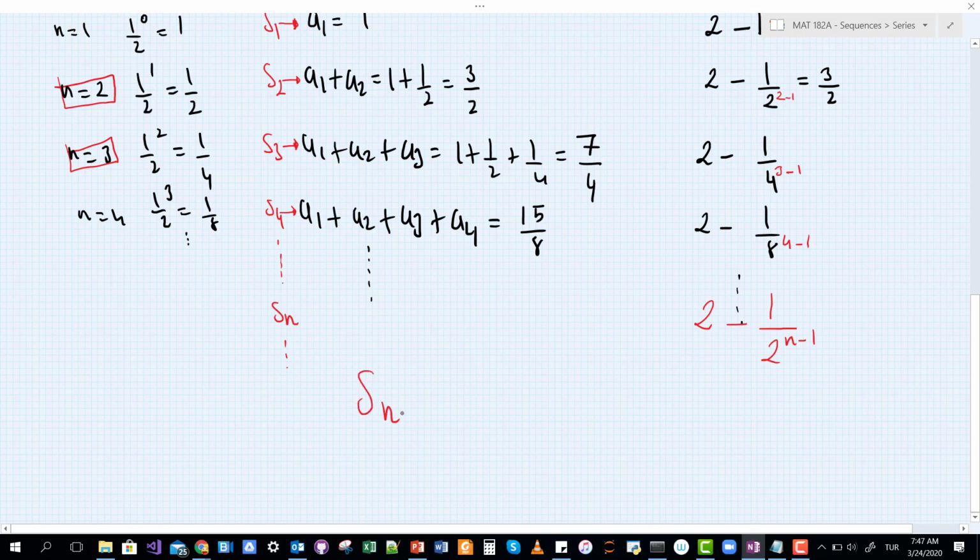At the end of the day, my Sn, the general term of my sequence, can be written in this way. Sn will help me get the sum of my series at any point, or I can express it in this way: Sn is equal to the sum of the first n terms of my series.